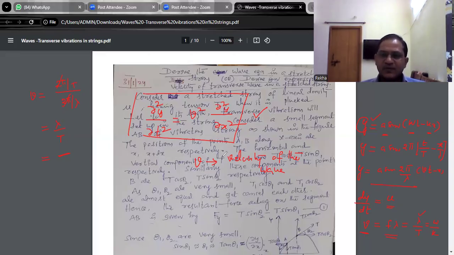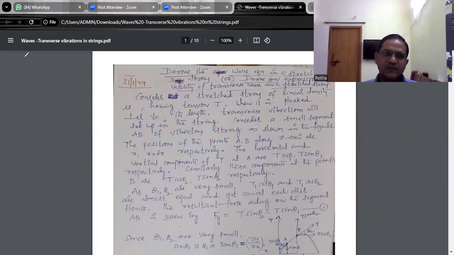Now let us derive the wave equation for the transverse wave in a stretched string, and from that we can derive the formula for the velocity of the transverse wave in the string.